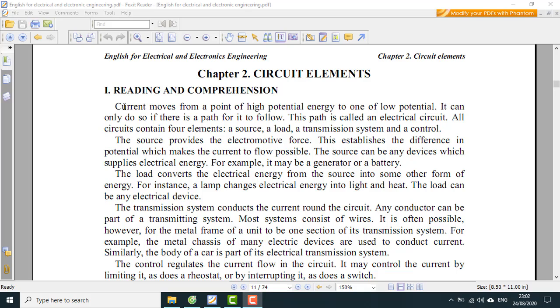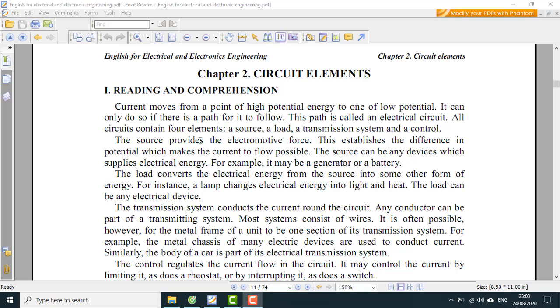Part 1, reading and comprehension. Current moves from a point of high potential energy to one of low potential. It can only do so if there is a path for it to flow. This path is called an electrical circuit. All circuits contain 4 elements: a source, a load, a transmission system, and a control.